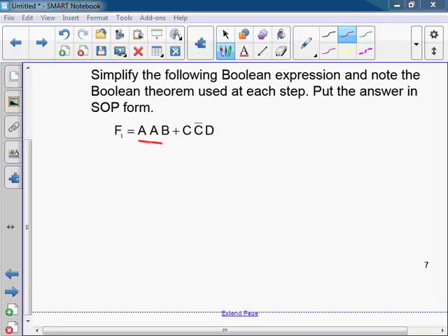I have A and A itself. So if you remember, one of our rules was x times x is just x, right? It's not x squared. So I can substitute A for those two A's because it's the same thing.